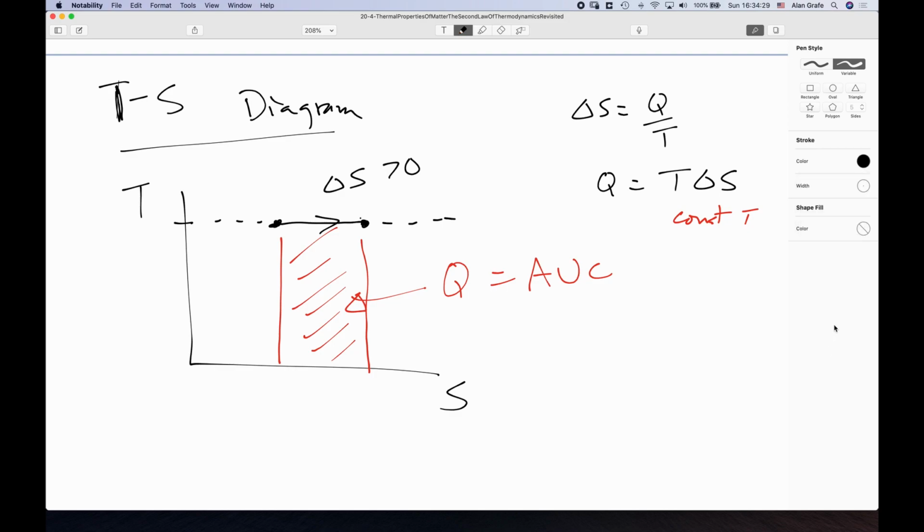The heat will be positive, so transferred in, if we're going left to right, and negative if the diagram goes right to left.